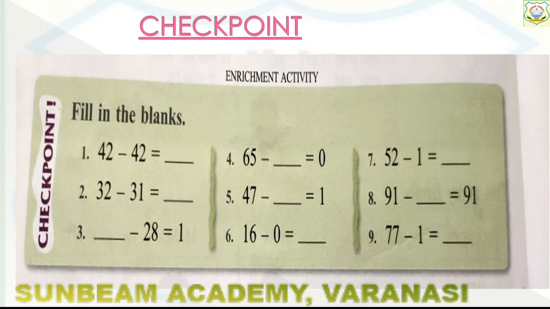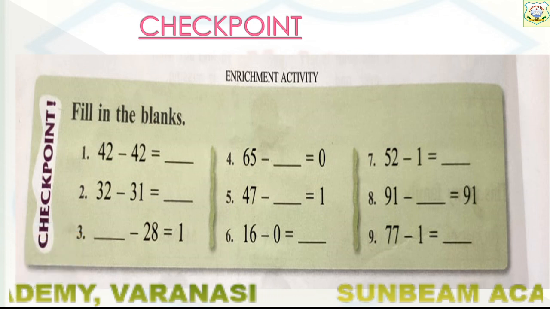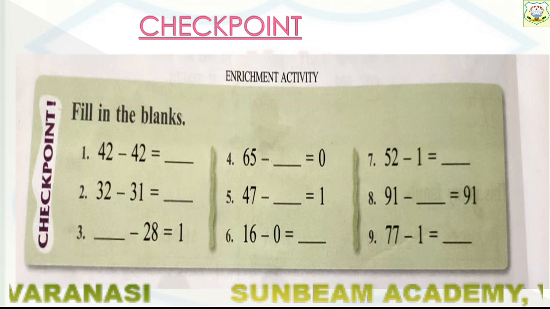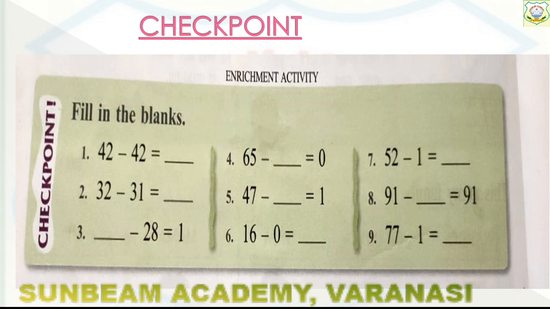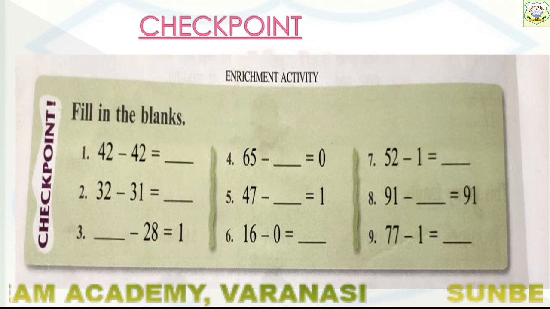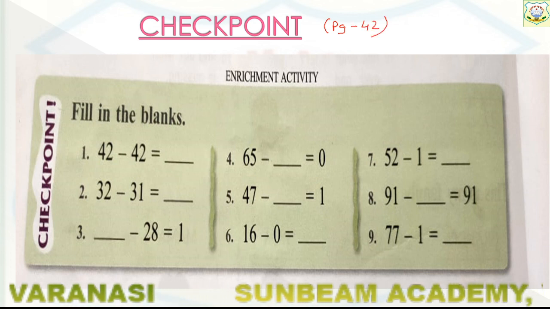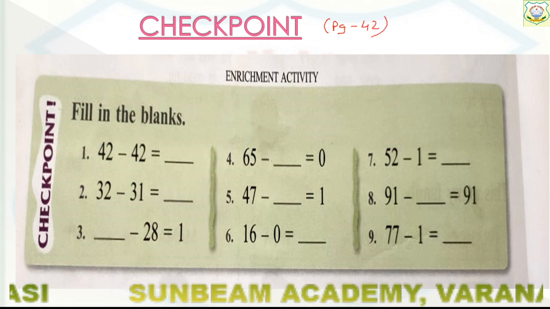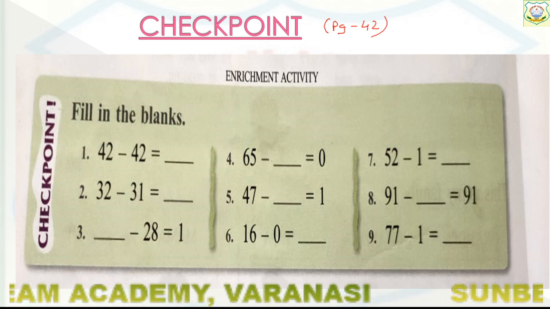Okay, now take out. Everybody take out page number 42. I'm writing here page number 42. And now write down all of you date here where it is written checkpoint. Write down date.